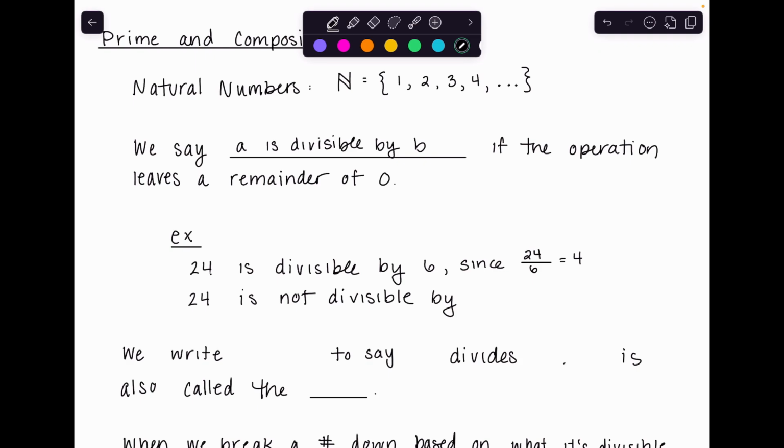However, 24 is not divisible by the number 5, because if you take 24 and divide it by 5 in your calculator, you're going to see this ends up with 4.8. So it goes in 4 times, but there is some kind of remainder left over. Because 4 times 5 gives you 20, and that would leave you with a remainder of 4, okay?